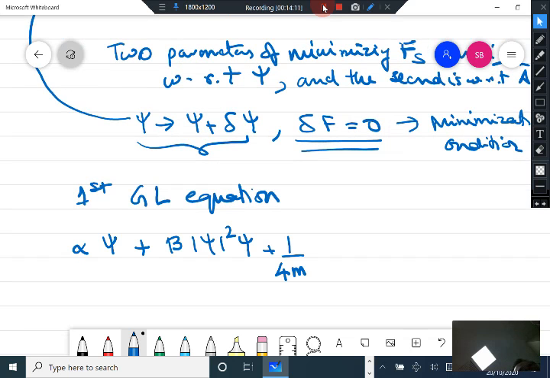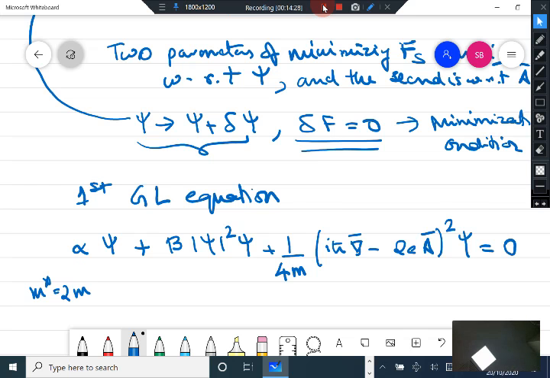Now we have used m star equal to 2m. And this is i h cross gradient minus 2eA the whole square psi equal to 0.